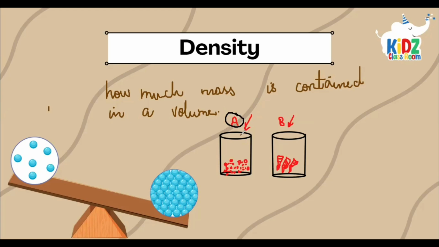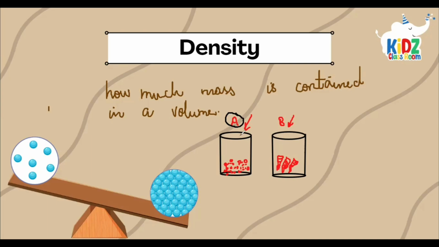If marbles are tightly packed, are they solid? Yes. However, feathers are lighter than marbles, right? If you place one feather in your hand and one marble in your hand, the marble will be heavier than the feather.